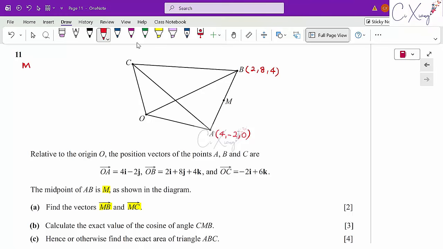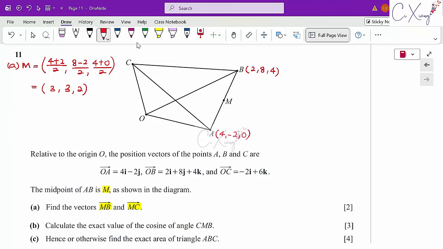To find the coordinates of M, the midpoint, you just use (x1 plus x2) divided by 2. So I have 4 plus 2 divided by 2, then 8 minus 2 divided by 2, then 4 plus 0 divided by 2. And from here, you get your M coordinates as 3, 3, and 2.